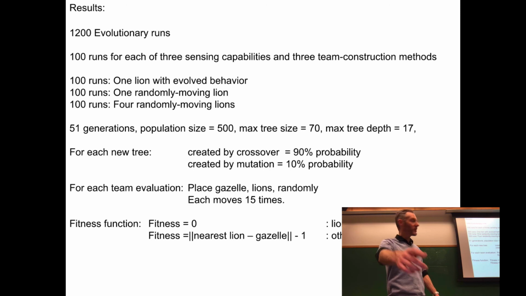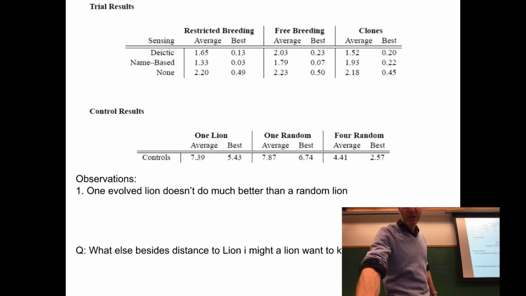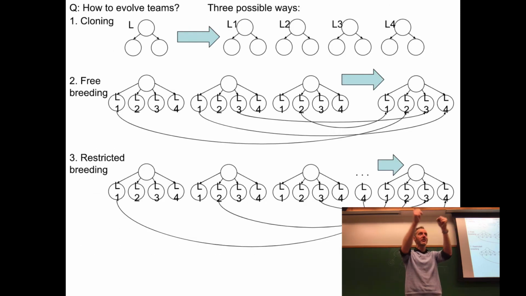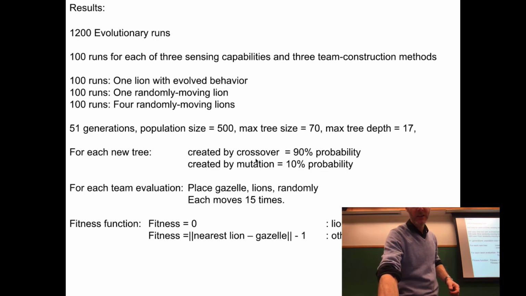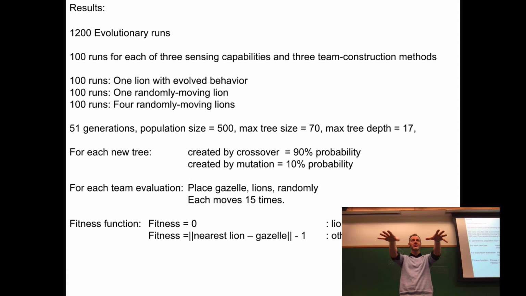And every time we're creating a new tree, sometimes we do it by crossing over genetic material from 2 trees. Most of the time we do that, and sometimes we introduce a mutation. So now we have one tree. We take that tree and we disseminate strategies into the 4 lions, and place the 4 lions and the gazelle at random positions on the Serengeti donut. They each are allowed to move 15 times.